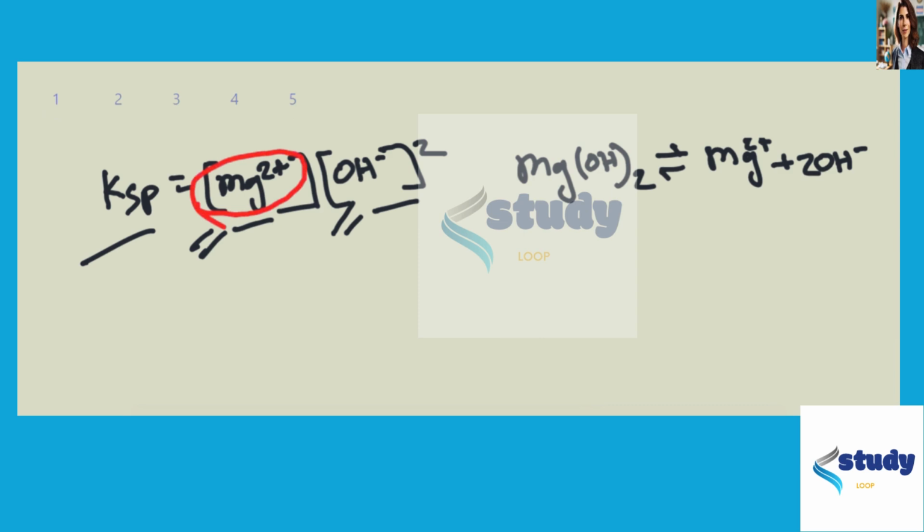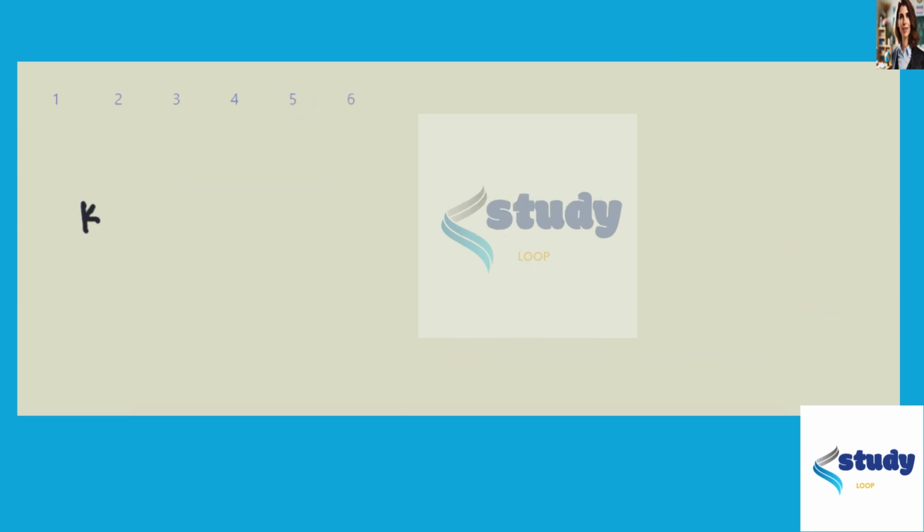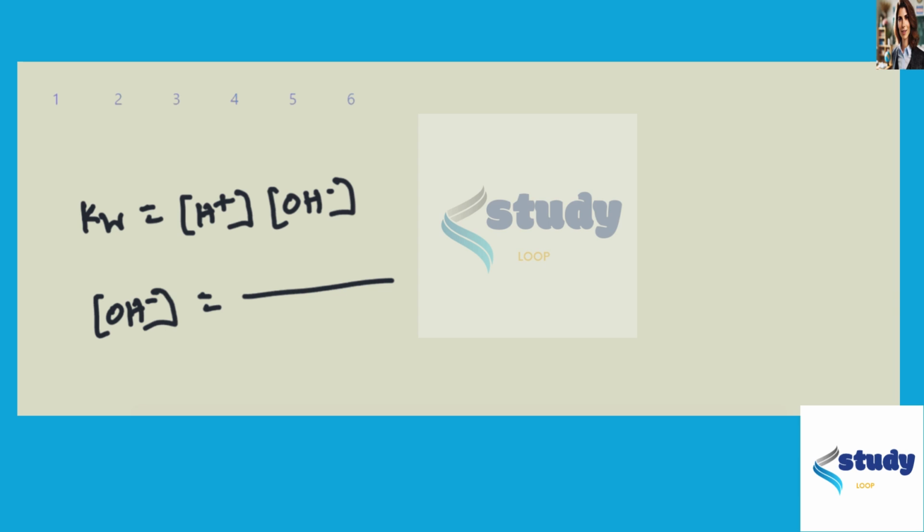Now we have to find the hydroxide ion concentration to find the Ksp value. We can find this easily from the relation Kw equals H+ times OH-, so OH- is Kw over H+.